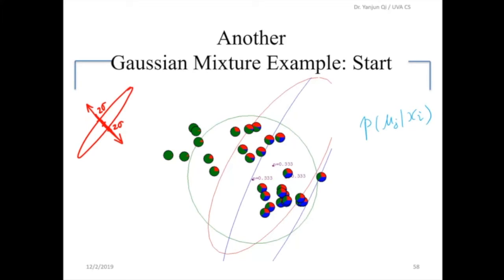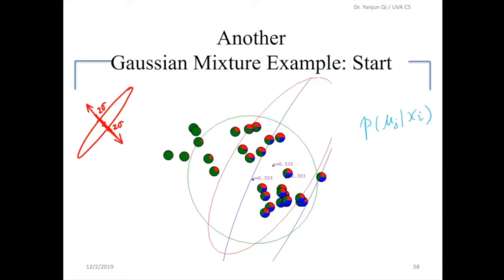That's the reason why all the points here mostly belong to the green circle, because that's the most likely. And then for the points more on this right side, it's difficult to know. It may belong to the green cluster, the red, or the blue.